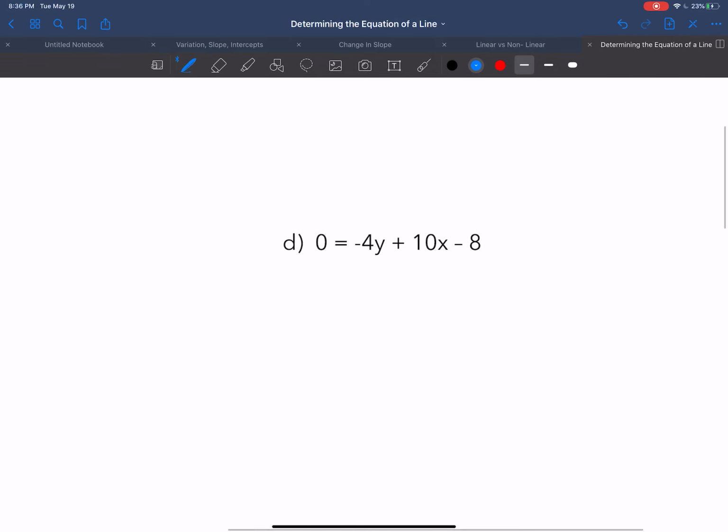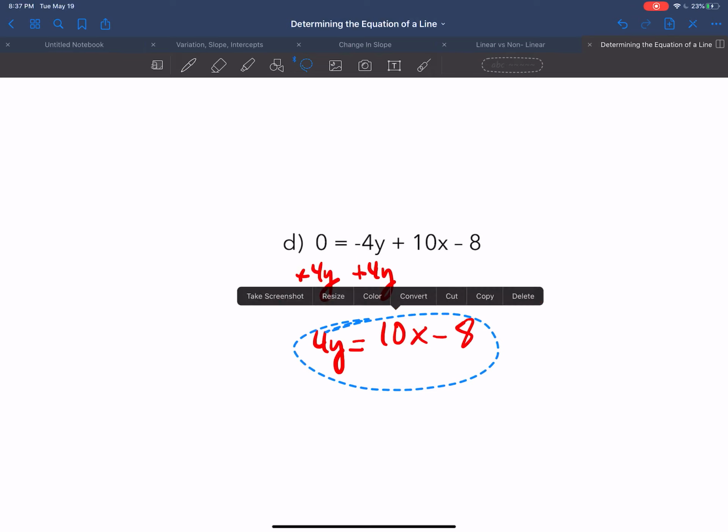Next one. Again, pause, whatever you need to do. I want to get y by itself. So everything is already on the right side. Let's just move the y value to the left side. So add 4y. So the left side now I'll have 4y. On the right side I have 10x minus 8.